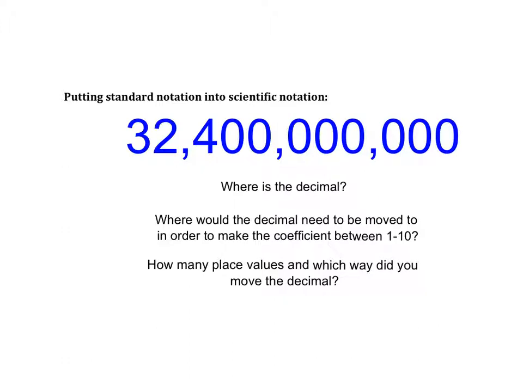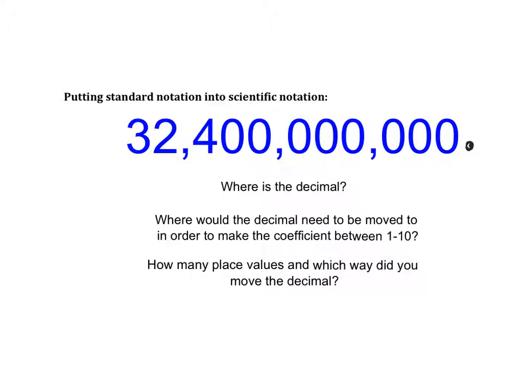Looking at that number, there's no decimal there. We didn't give you a number that has a decimal already there. If we don't give you a number with a decimal, you are allowed to assume that there's an imaginary decimal sitting at the very end of your number. It's not actually there, but you have to pretend that it's there. Next question you ask, well, where does it need to be if I'm going to have a number between 1 and 10?